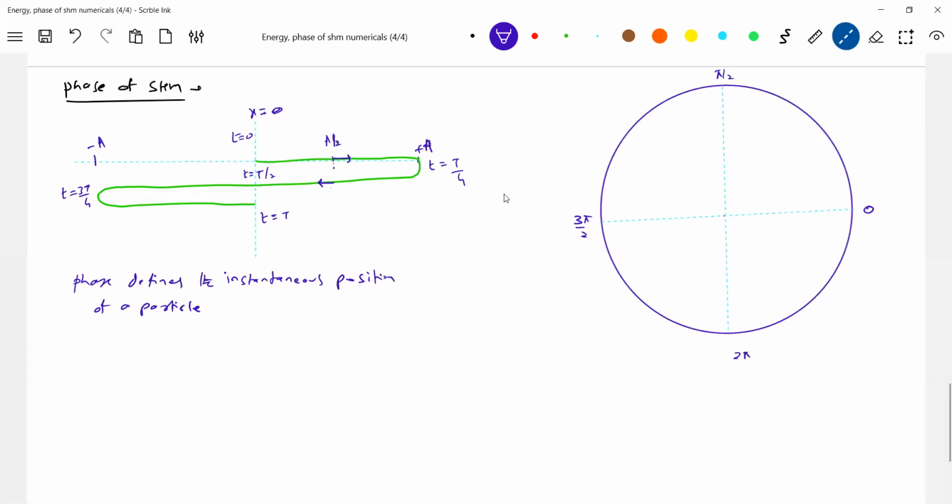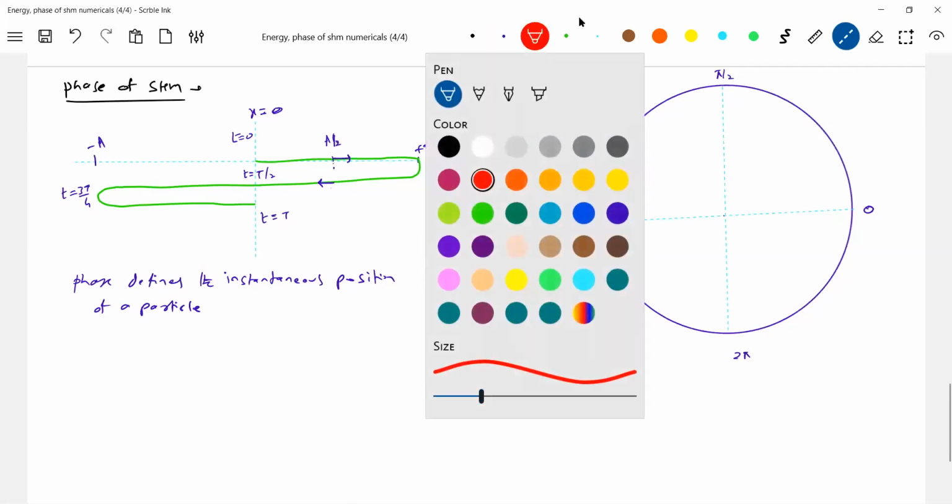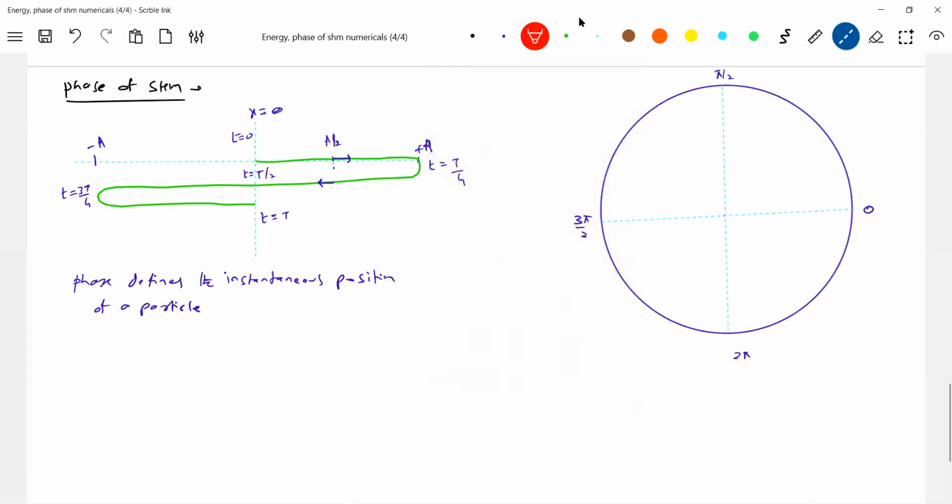When the particle is at mean, what do you mean by this? Upper extreme. We are just bringing in all the conditions so that it'll be easy for us to learn things. This is the upper extreme, am I right?